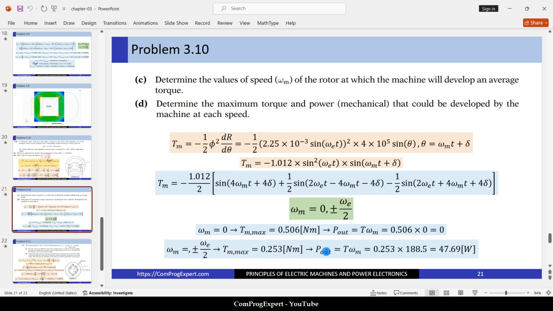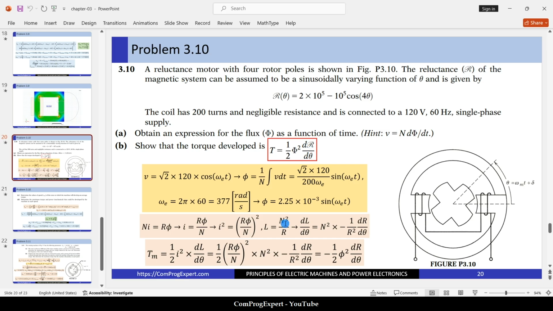In this case, the mechanical power is T times omega m, the maximum torque times the angular mechanical speed, that is 47.7 watts. So you can redo the calculations and prove this equation for calculation of the torque using reluctance and flux.